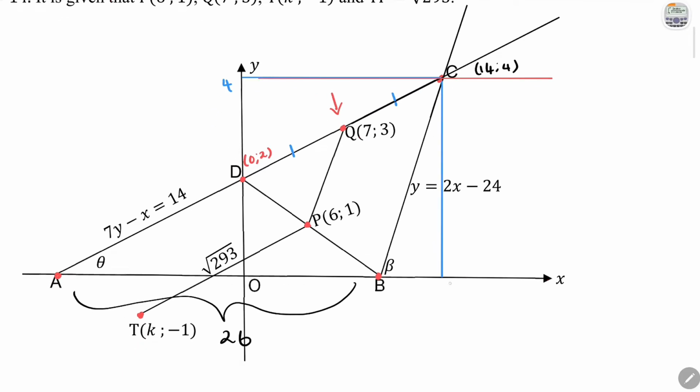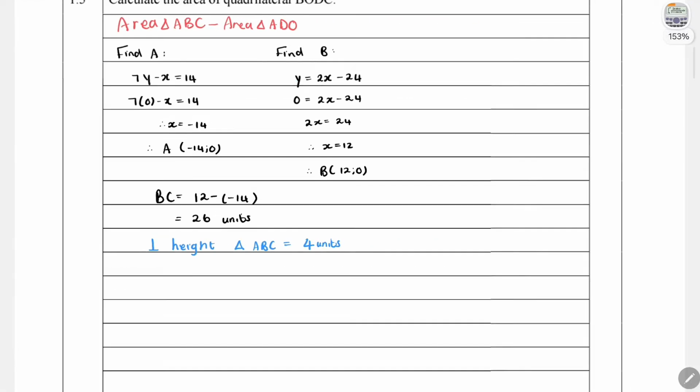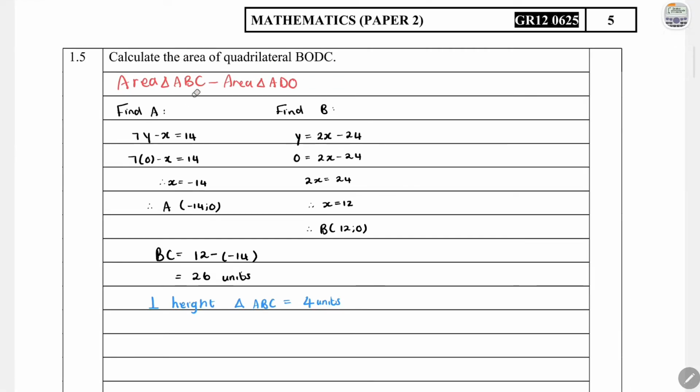It is 4 units. So that's what we're going to take as the perpendicular height. We know the perpendicular height of triangle ABC is 4 units. We have everything for triangle ABC.